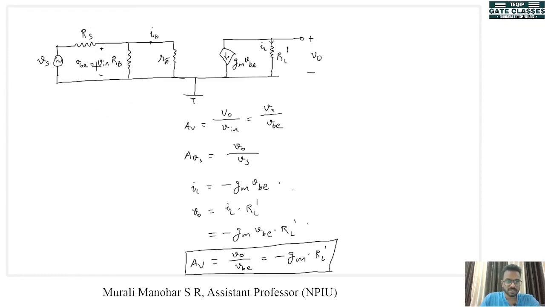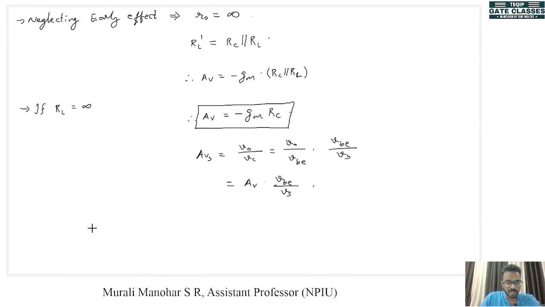So I am only redrawing the input part. It can be redrawn as, here we have Vs, then Rs, and one more resistance. This resistance is RB parallel R pi. This is Rs, this is Vs. Across this we have VBE.